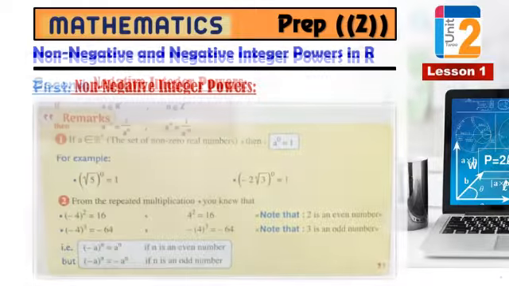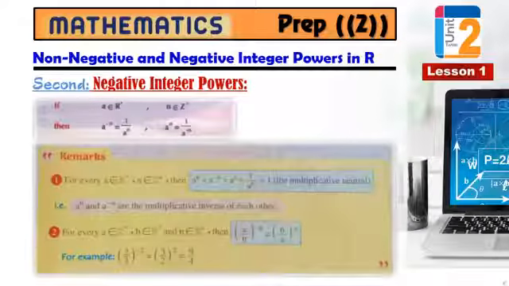Okay, this is firstly. And secondly is negative integer power in R. The definition is, if a is a real number and a not equal to 0 and n is a positive integer, then a to the power negative n equals 1 over a to the power positive n, and a to the power n equals 1 over a to the power negative n.